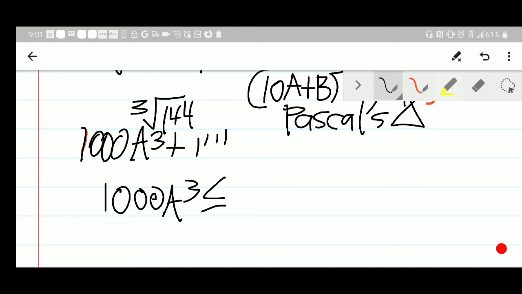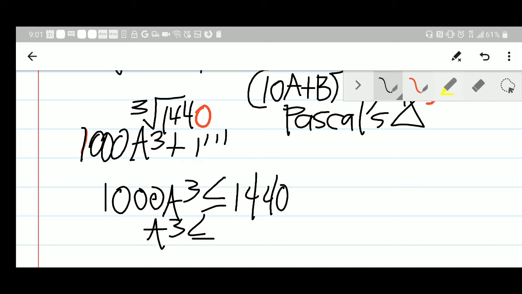Let me do it like this, because you have to move it 3 places. A cubed less than or equal to 1.44, and then your a would be 1. You would go through the whole process over again.